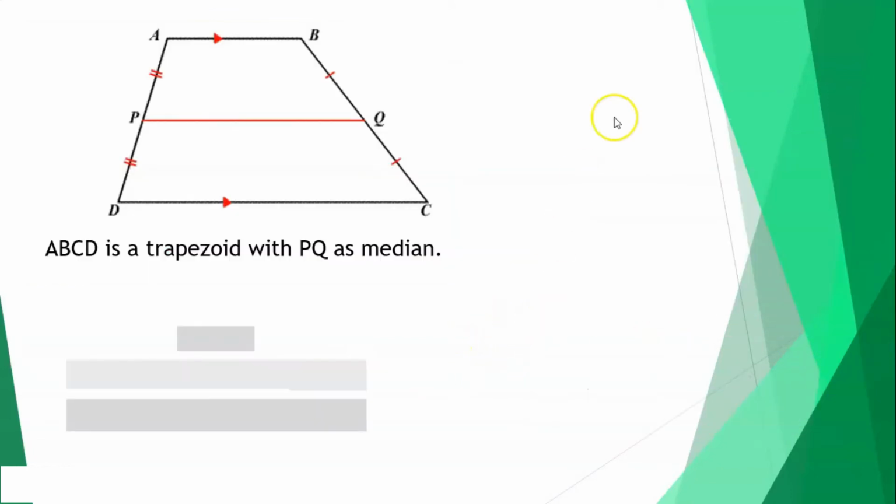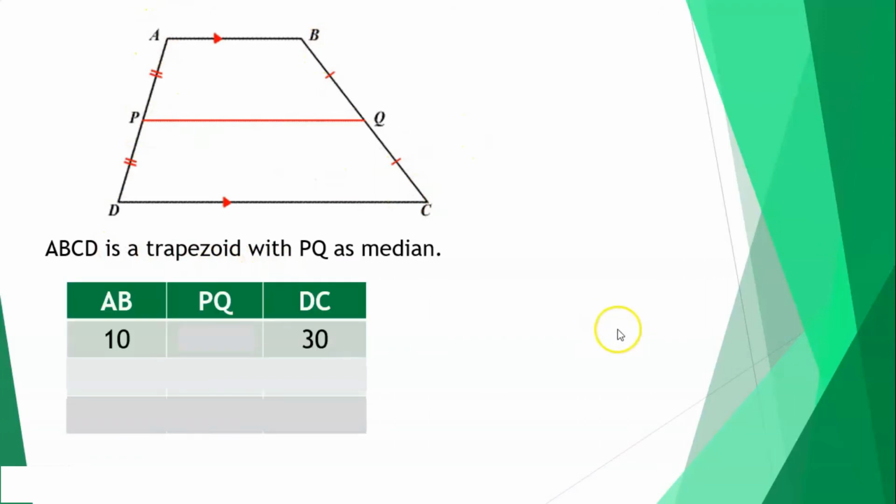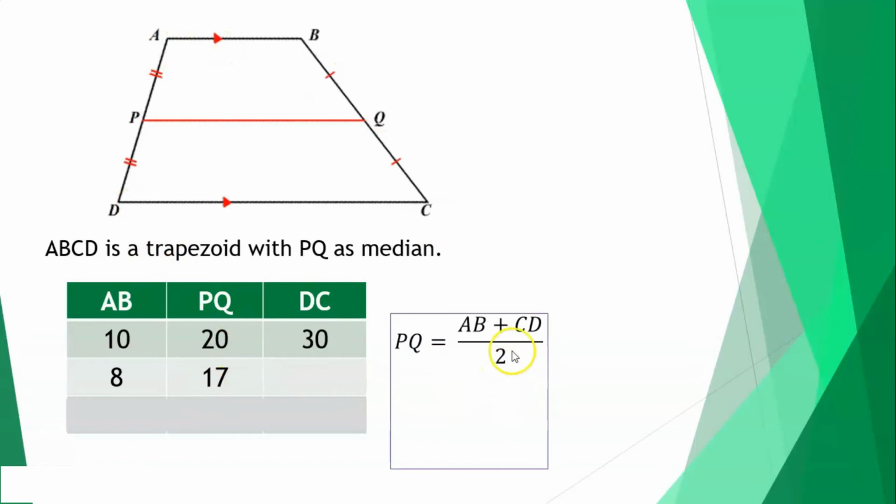So, for example, we have here trapezoid ABCD with PQ as its median. Now, if A to B is 10 and C to D is 30, to get PQ, that's simply 10 plus 30 divided by 2, or that would be 20. Now, if the median is 17 and one of the bases is 8, to do that, PQ is equal to AB plus CD divided by 2.